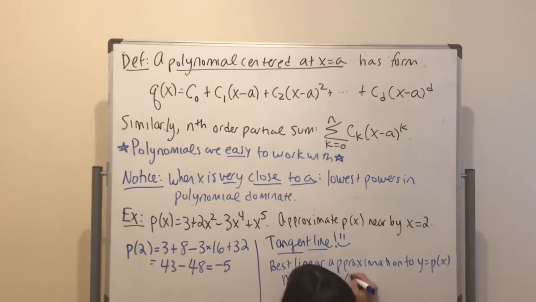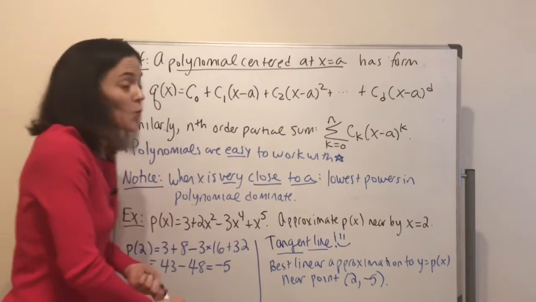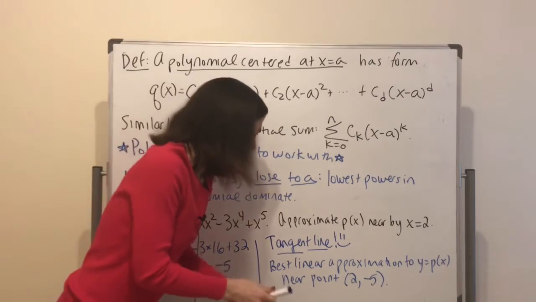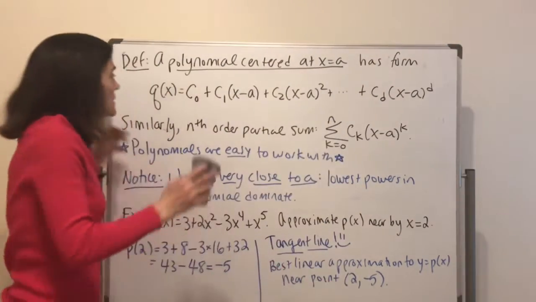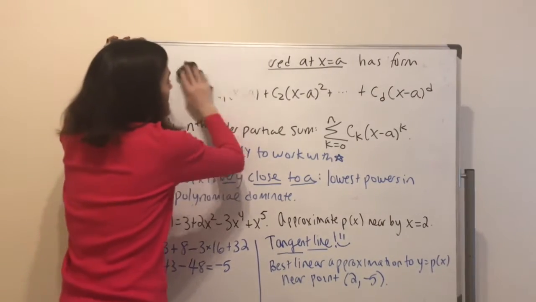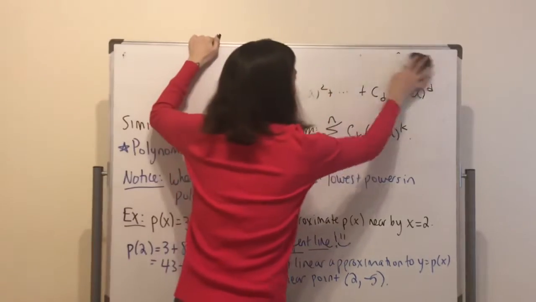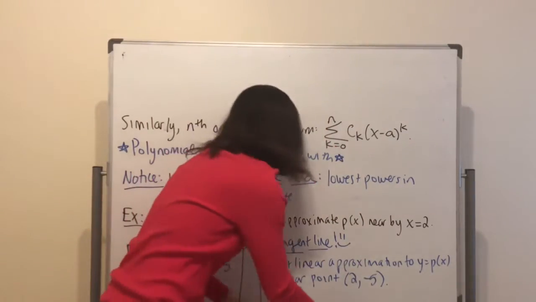The point is 2 comma negative 5. Now let's calculate an equation of the tangent line, and then we will notice something about it, and we will move on with talking about these polynomials, because it's a really important observation to see the tangent line, I think.